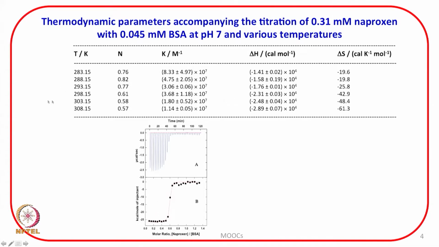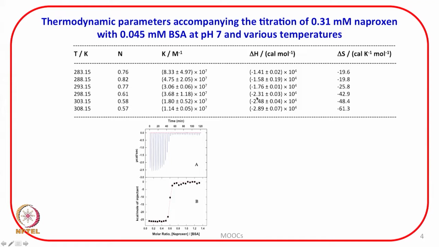If I pick up the data at T equal to 298.15 Kelvin, which is 25 degrees Celsius, the binding of naproxen with serum albumin at 25 degrees Celsius is accompanied with an N value of 0.6, K value of the order of 10 raised to the power 7. That is what I was commenting upon. 10 raised to the power 7 is high binding.